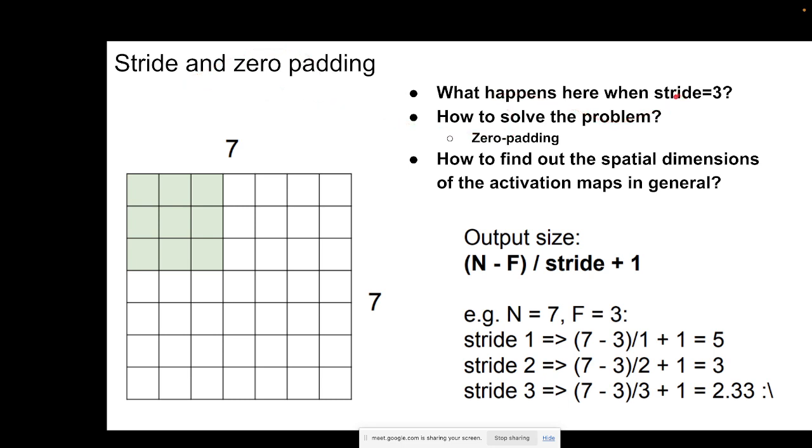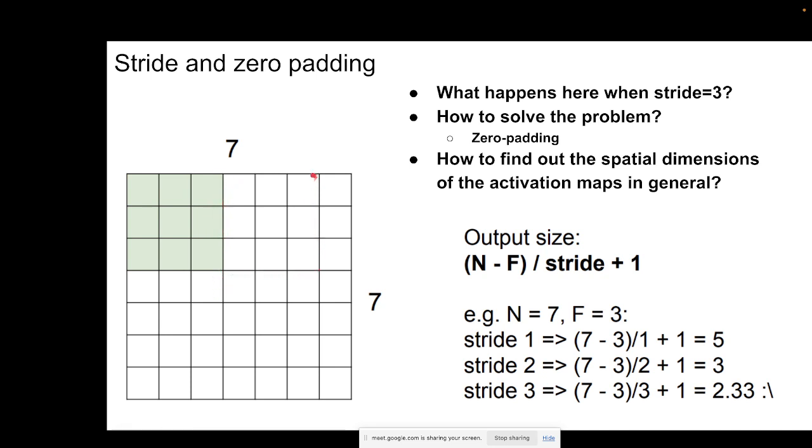Now suppose I want to do stride equal to 3. Here we have a problem. Let's see why. Stride equal to 1 means we take the first window, then the second window, and so on. Stride equal to 2 means again we take this as the second window. What is stride equal to 3? Instead of taking 2 steps, we take 3. So here we go, this is the first window, the next window is this one.